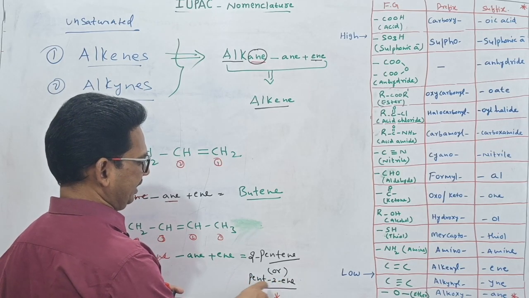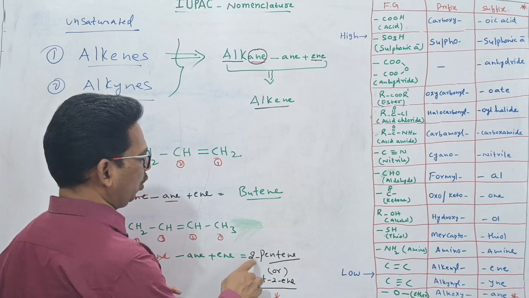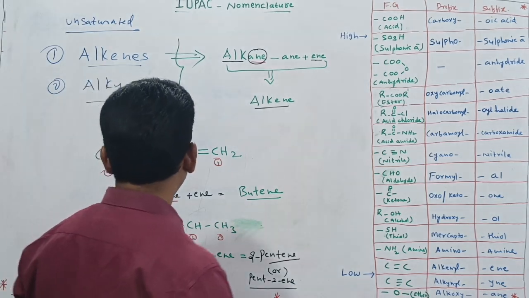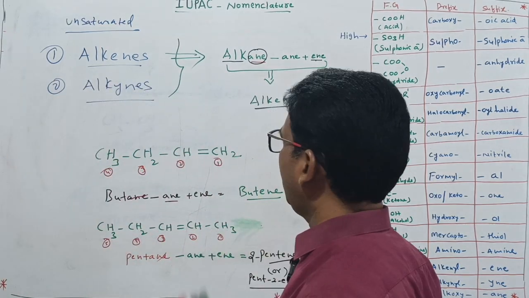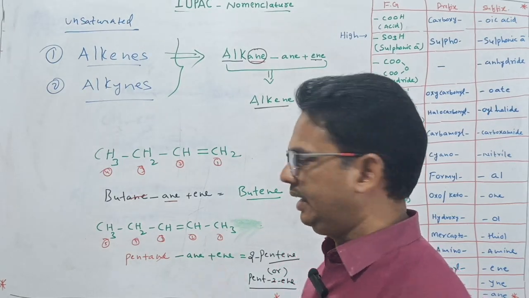That's why I can write pent-2-ene or 2-pentene. Both are correct. Okay, I hope you understand how to give the name especially for the alkenes.